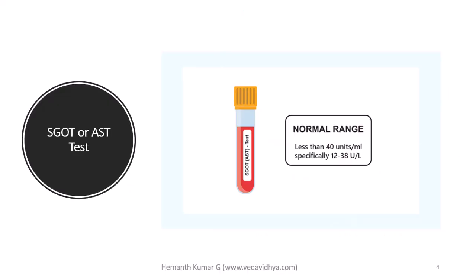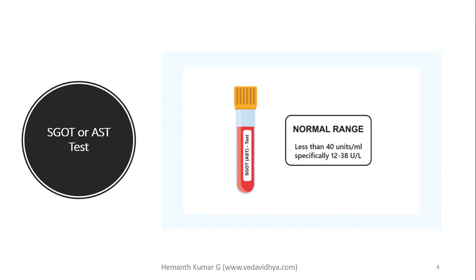Moving on to a specific aspect of the liver function tests, let's discuss the SGOT test. It's also known as AST, aspartate amino transferase. Understanding this test is crucial in evaluating liver health.